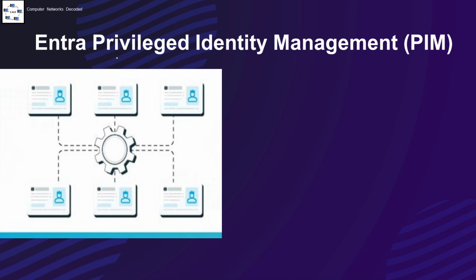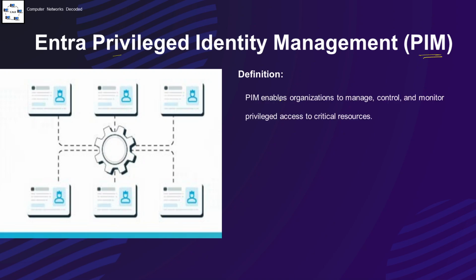So what is Entra Privileged Identity Management, or PIM? PIM enables organizations to manage, control and monitor privileged access to critical resources. Critical or sensitive resources must be controlled, so access to those resources is managed through privileged identity management.